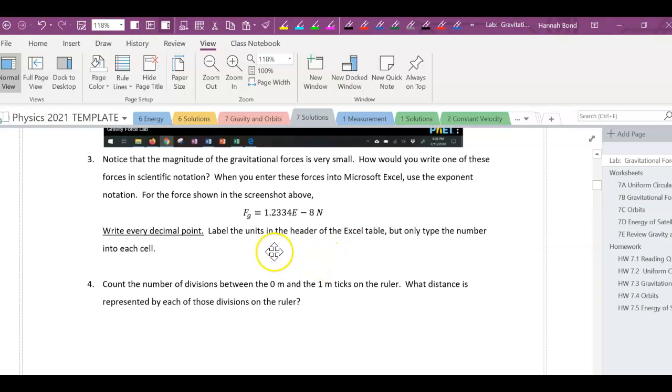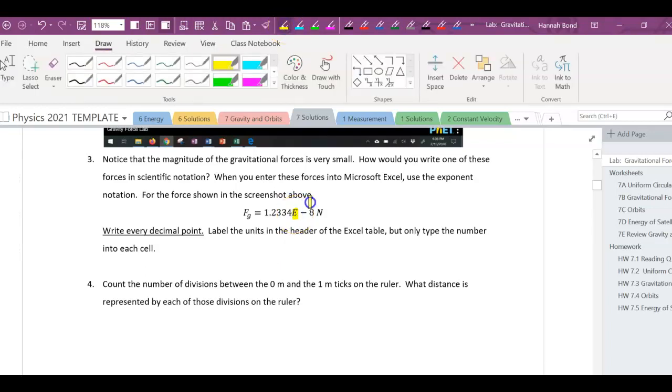And when we do that, we will use the exponent notation, which means that we will put the leading number and then we will follow it with an E, and that E is notation that tells us that we're going to then multiply by 10 raised to the power of whatever follows the E. And so this is the same thing as 1.2334 times 10 raised to the negative 8 power.